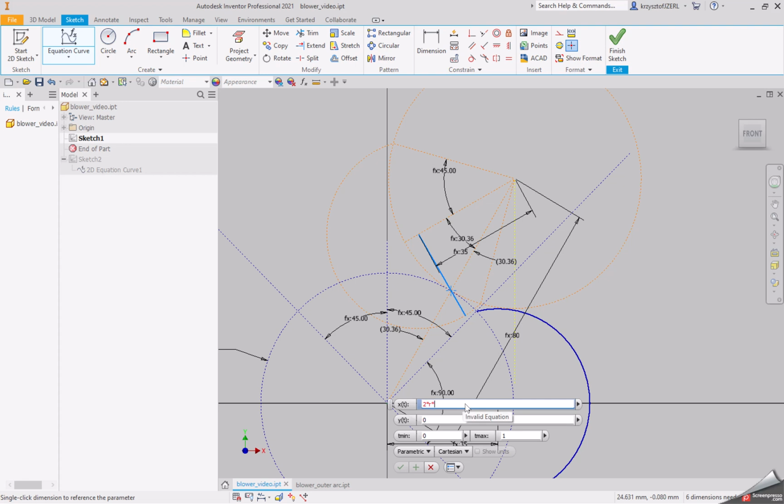Two times r times sin t times 1 deg, multiplied by deg. And r2 is 2 times r times cosine t multiplied by 1 deg, from 0 to 45.